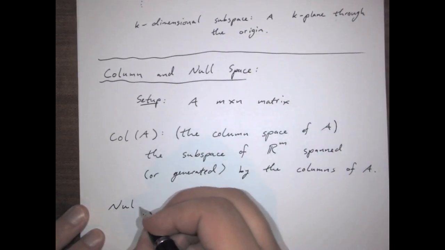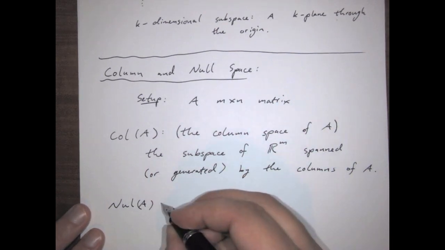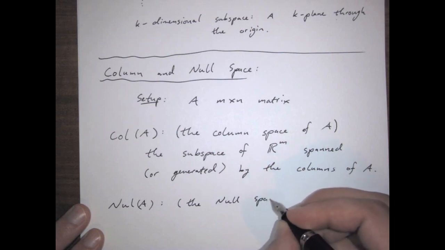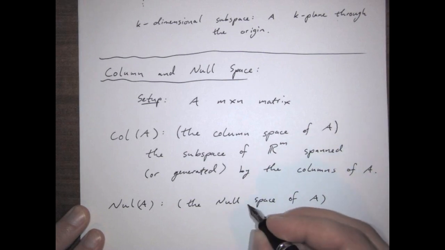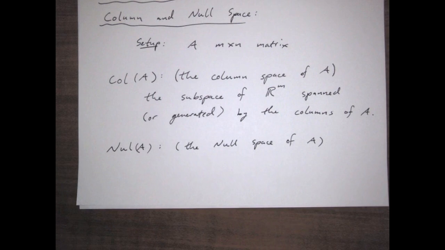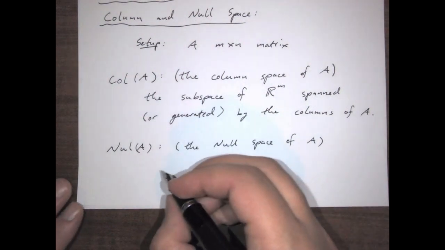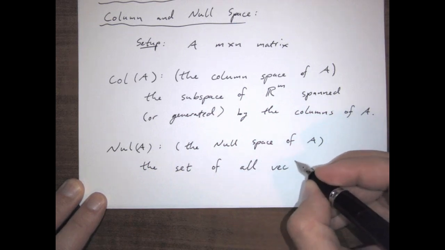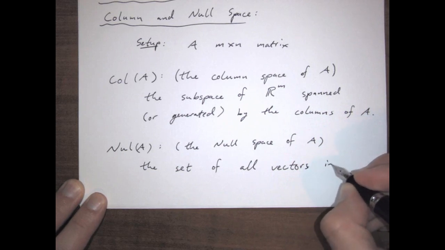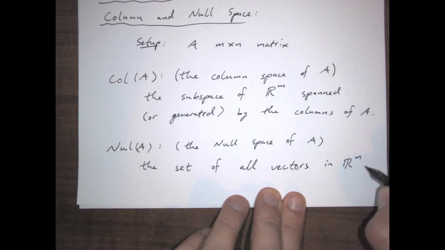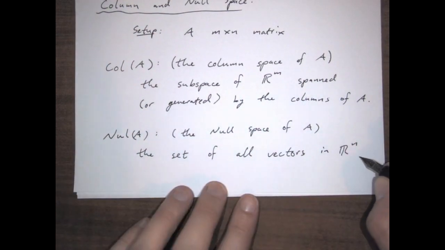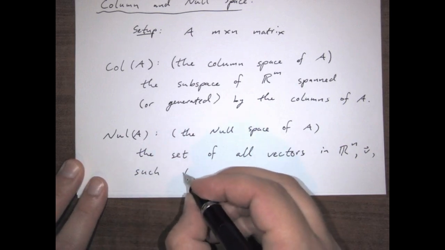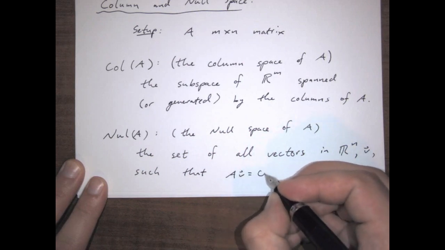And then there is the null space, which we write null A, and this stands for the null space. This is often written as one word, often written as two words. There's no standard form there. So this is the null space of A, and what this is is the set of all vectors in Rn, let's say all vectors V in Rn, such that AV equals the zero vector.